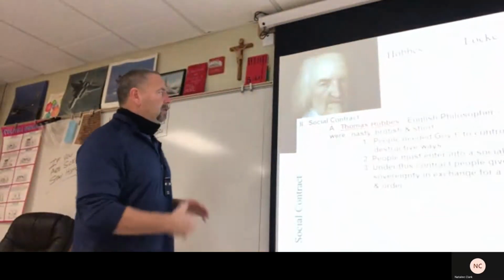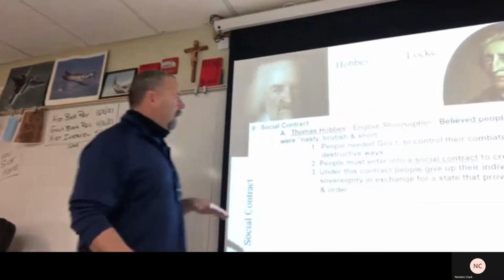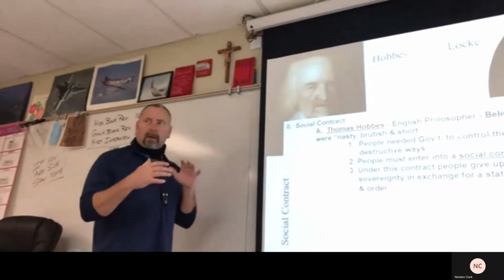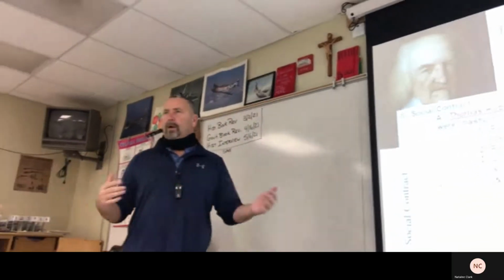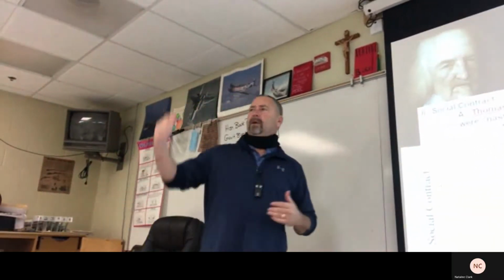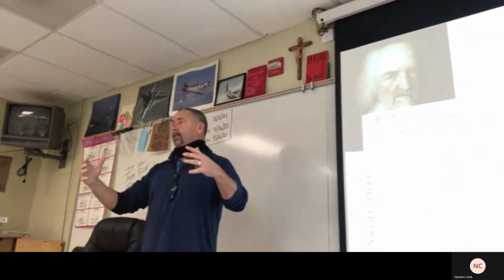So this social contract theory is an agreement. It's like when you and I make an agreement to do something. In this case, it's about you and I making an agreement to form a government together.